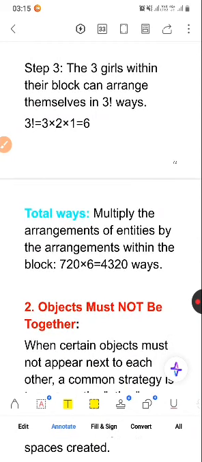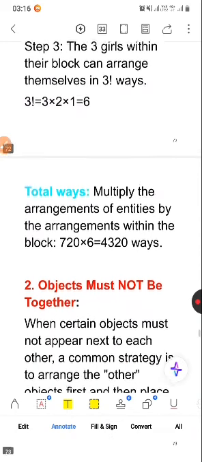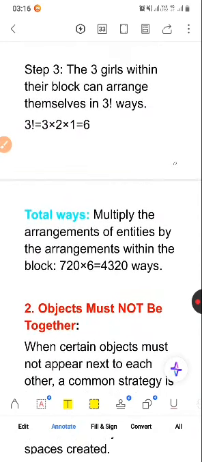After finding out how many ways the girls themselves can be arranged, you then multiply. We are multiplying because they are in a row and in sequence. Therefore, we use the multiplication principle. So we found the number of ways that the 6 entities, that's 5 boys and 1 girl, can be arranged.